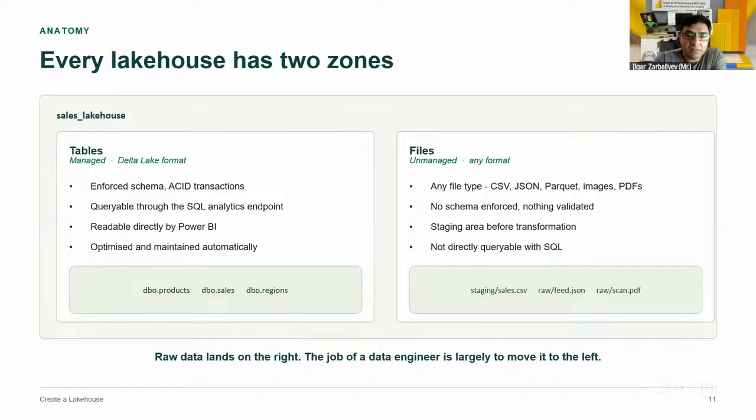Read the line at the bottom. Raw data lands on the right, and a very large part of the data engineering job is moving it to the left. Almost every design decision you make in a lakehouse comes back to this one distinction.